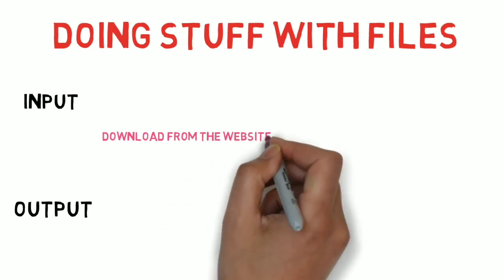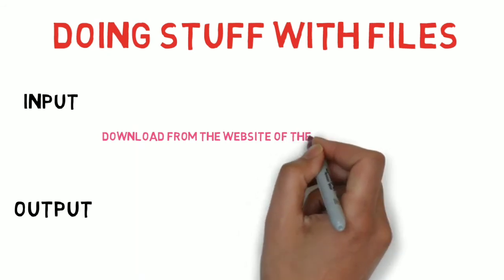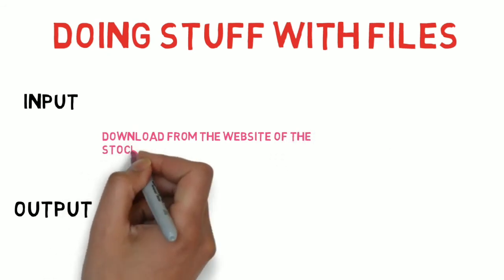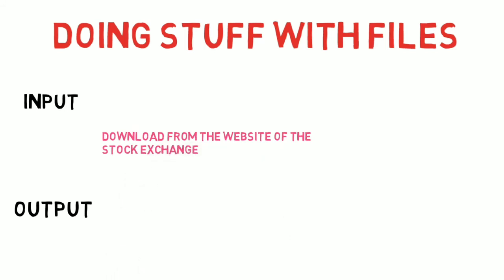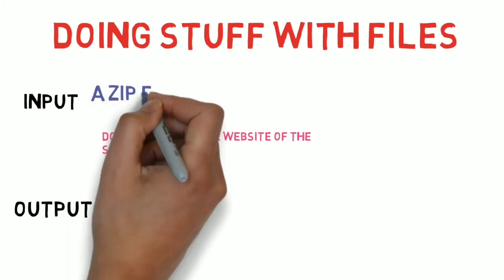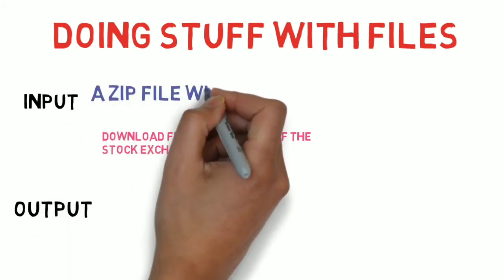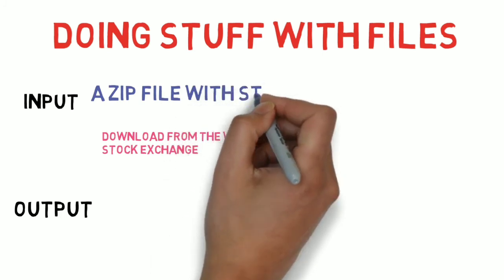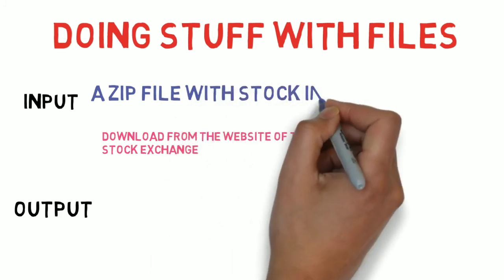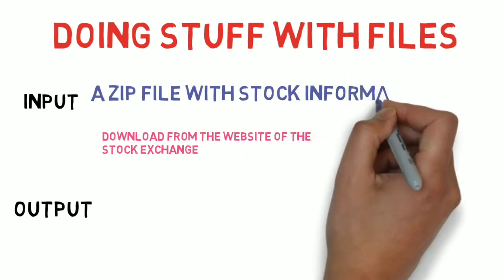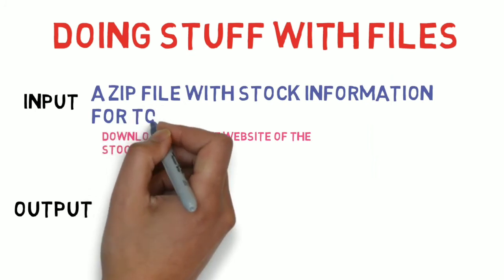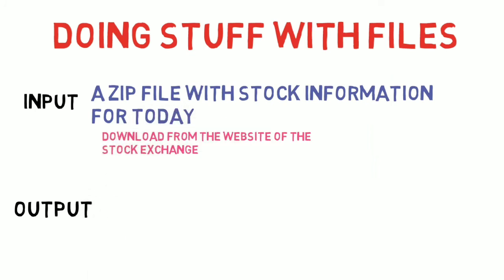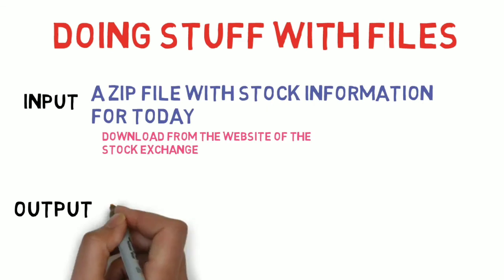This file we want to download from the website of the National Stock Exchange. And this file contains the stock information for a given day, and we'll download the file for today. The file will be a zip file.